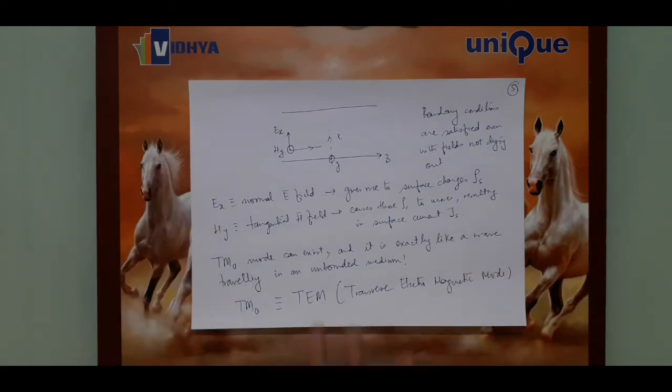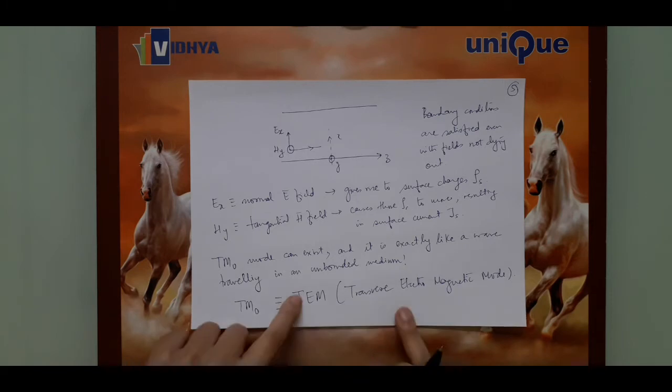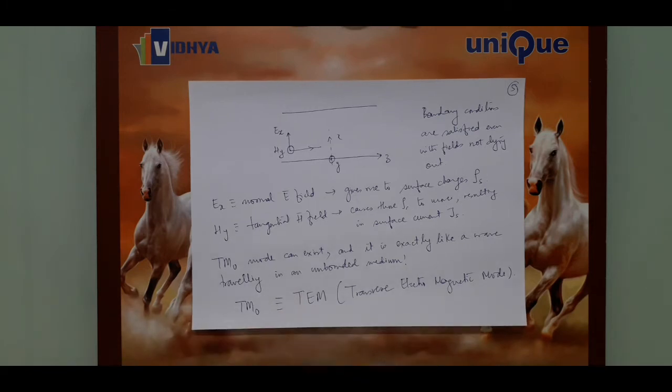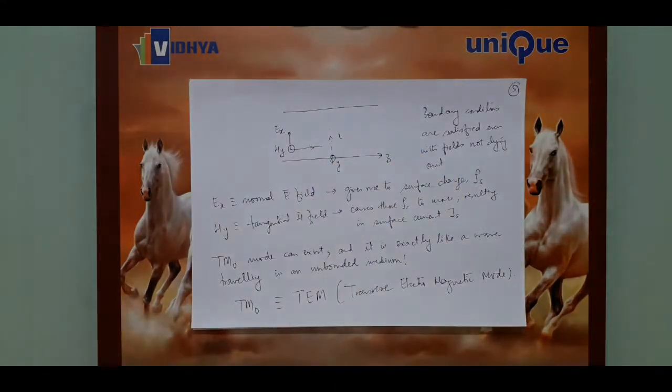And this is almost identical to what we had discussed earlier, that any plane wave traveling in an unbounded medium is of the form of TEM, that is transverse electromagnetic. So even with the boundary walls, the TM0 behaves exactly like the TEM.